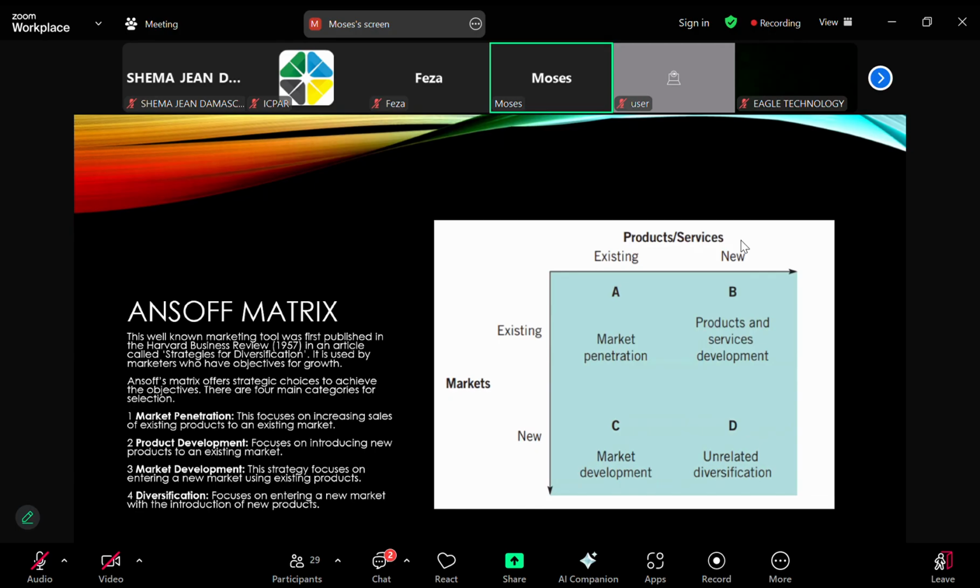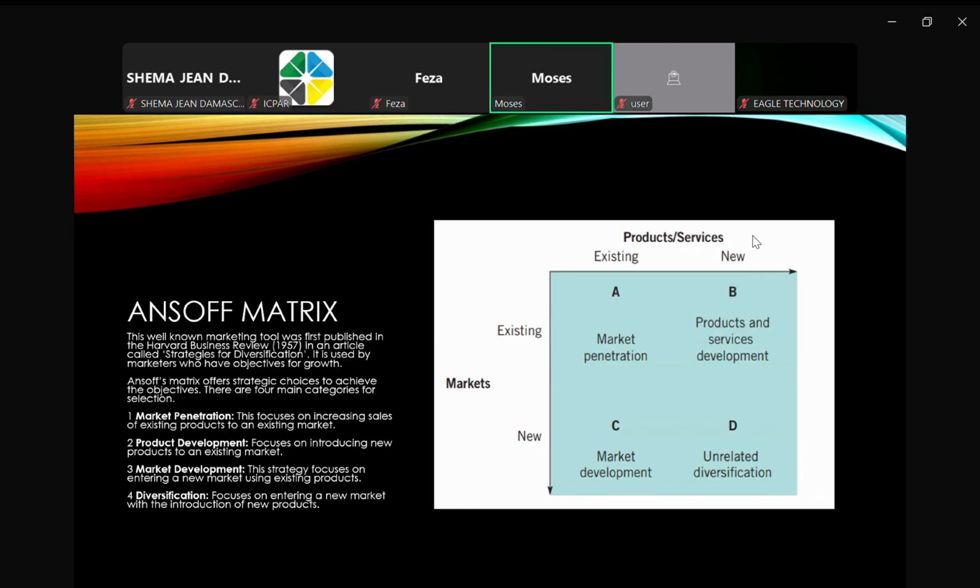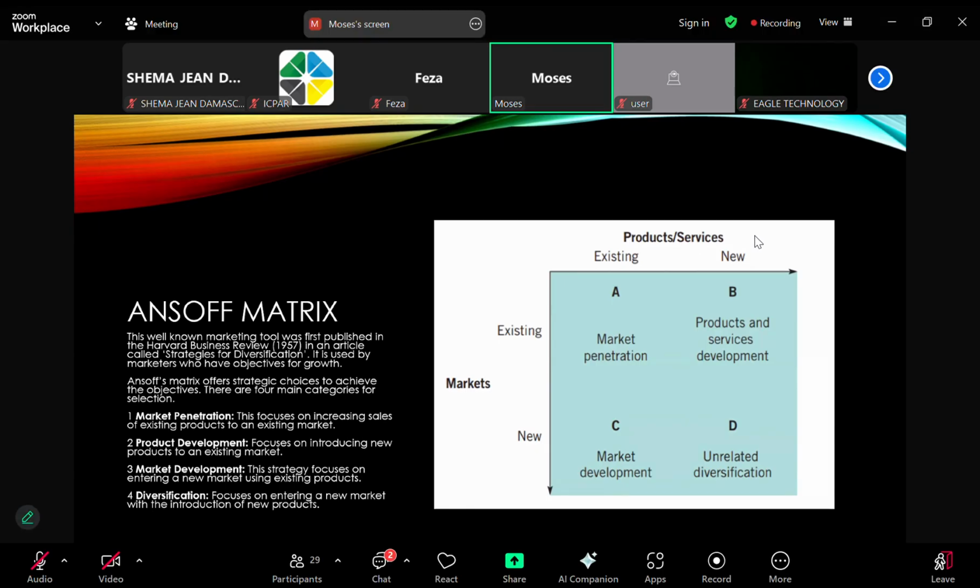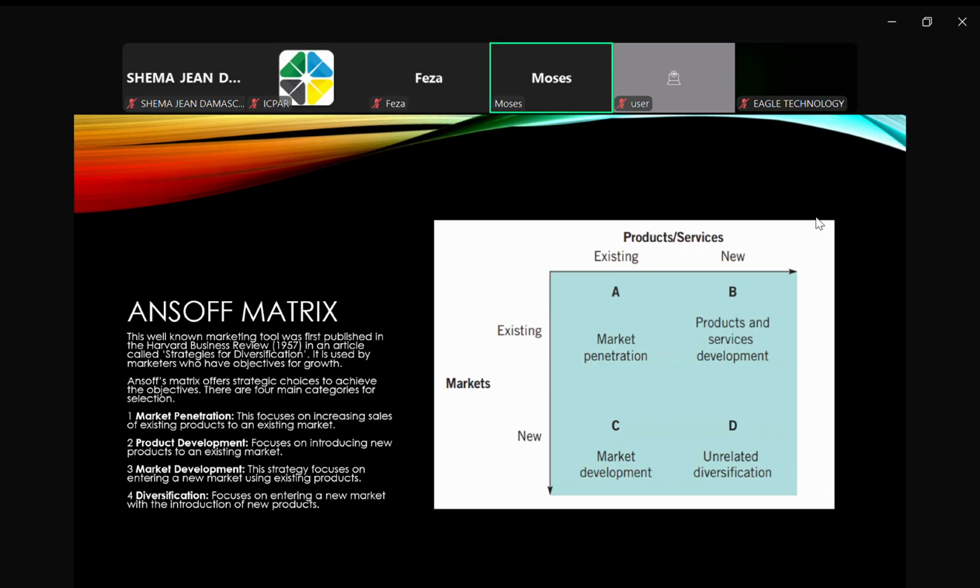This is called the Ansoff matrix. The Ansoff matrix is a model that is aimed at ensuring that a company has an option that it can choose in terms of growing.